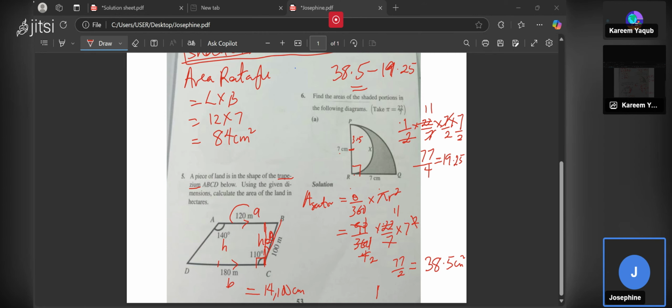So that is 19.25. So approximately 19 centimeters squared. Don't forget to put your squared. This is also supposed to be squared as well. So that is that on this one.